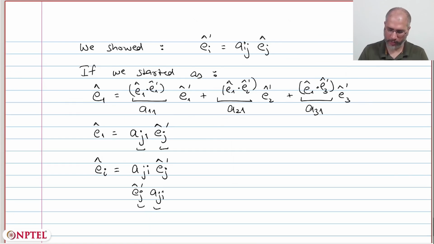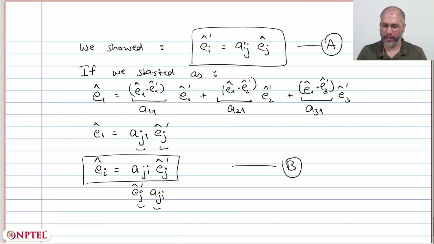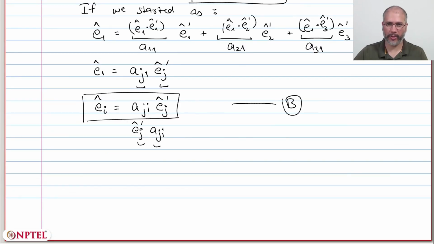This will allow me to do some matrix multiplication, but I'll box this expression, which is going to be the expression B, and the earlier one is going to be the expression A. So we can use any form depending on what sort of transformation we want to do, whether we want to go from the base to the prime coordinate system, or from the primed to the base coordinate system. Before we close this lecture, let's quickly have a look at the matrix representation of this transformation B.